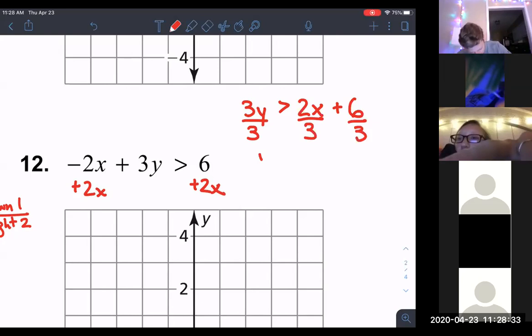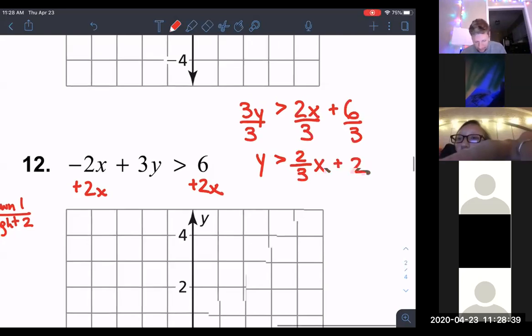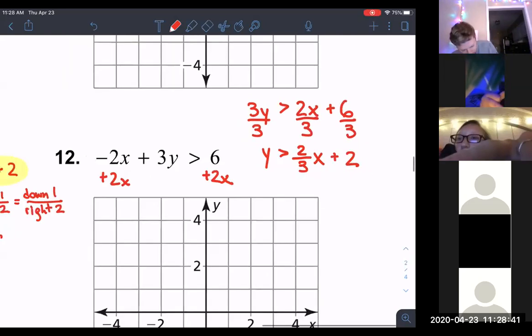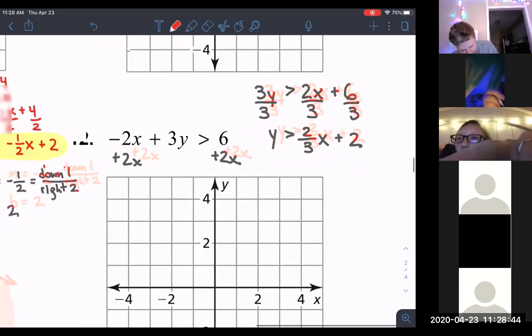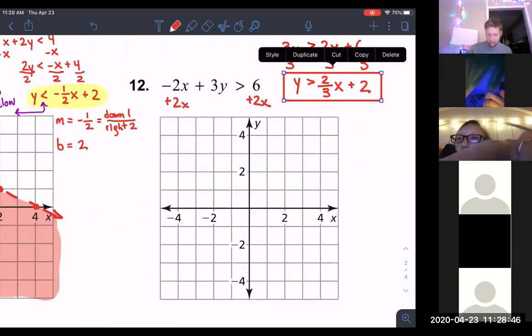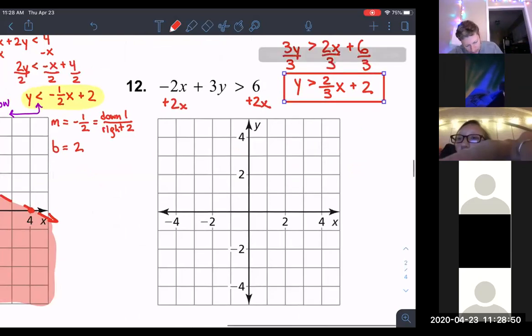So we get y is greater than 2/3 x plus 2, 6 divided by 3. Now we're ready to graph the boundary line, and then we can figure out if it's dotted or solid and if we shade above or below.